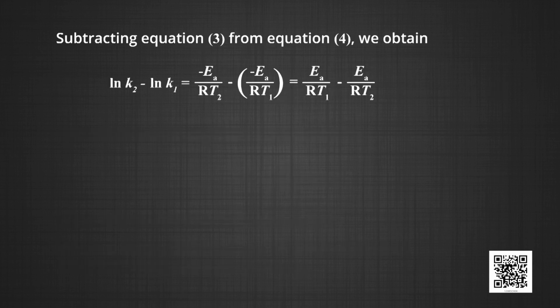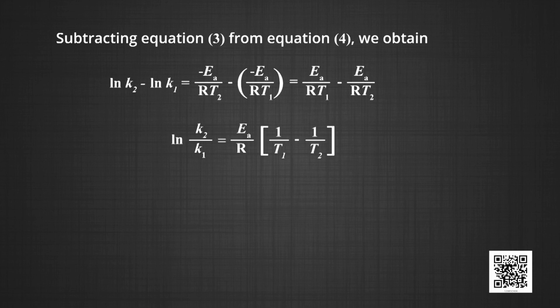Now, subtracting equation 3 from equation 4, we obtain ln K2 minus ln K1, that is the natural logarithm, equals minus EA by RT2 minus EA by RT1. It comes out to be EA by RT1 minus EA by RT2.